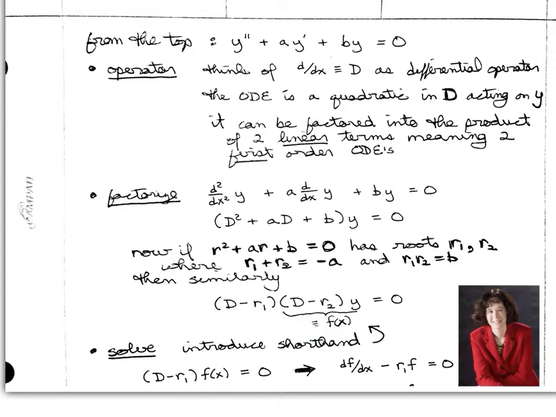And that means that what we're looking at for this equation is now this shortened form, d minus r1 acting on f of x equals 0. Let's think about that. That's just df by dx minus r1f equals 0. That's a kind of differential equation we know how to solve for f. So that's kind of interesting, and we'll continue this on the next slide.